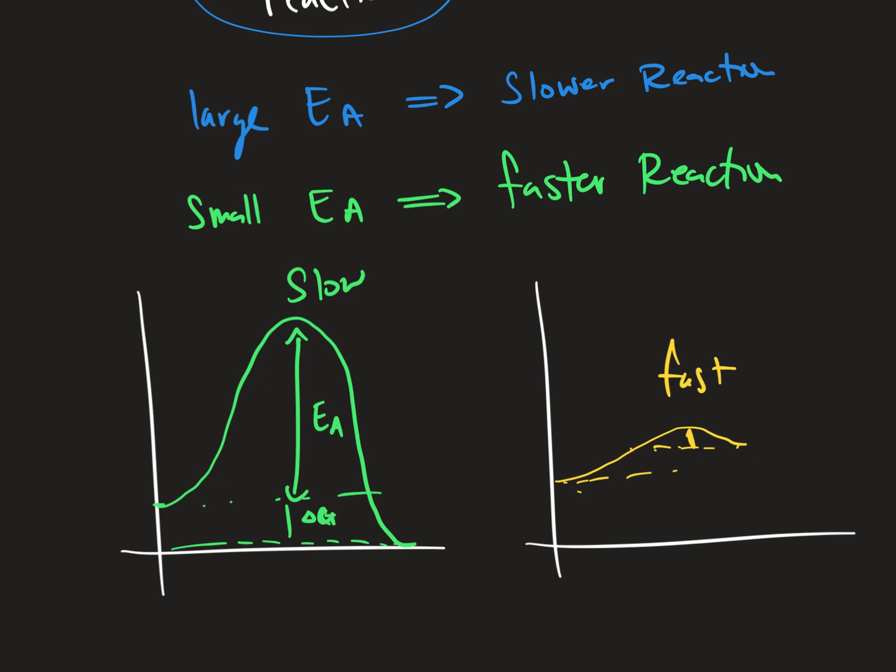Let's take a look at section 6 on the back. It says, draw two energy diagrams. On the first, show a reaction which is exothermic but very slow.